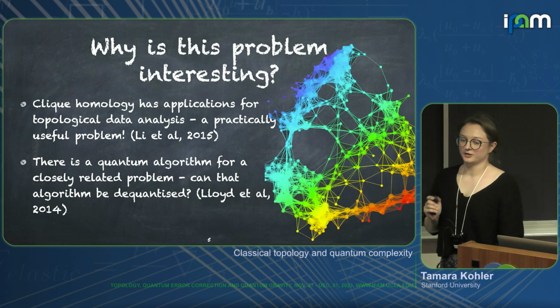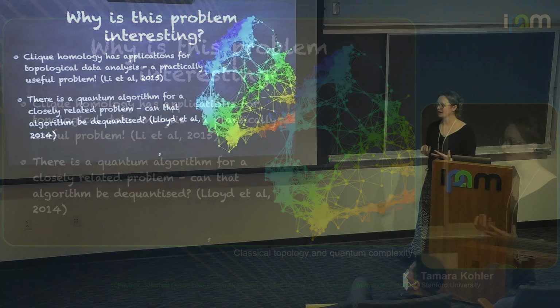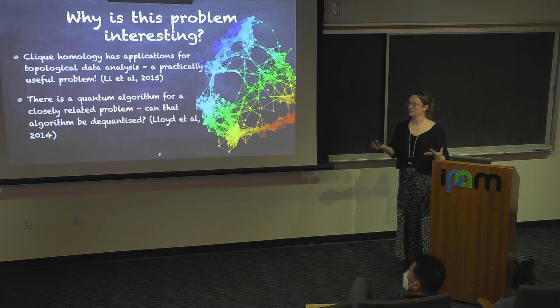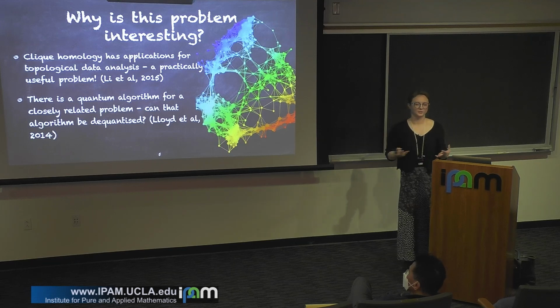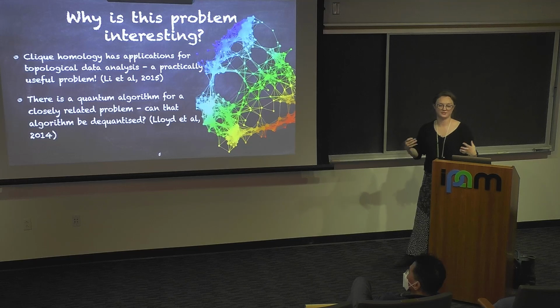And there's no classical efficient algorithm to solve it. There is a quantum algorithm for a closely related problem. It's not exactly the homology problem, but it's morally similar. And it's an efficient quantum algorithm in certain regimes. But those of you who work in quantum computing will remember that a few years ago now, Ewin Tang came along and showed that lots of places where we thought there were efficient quantum algorithms that outperform classical algorithms actually could be run efficiently on classical computers.